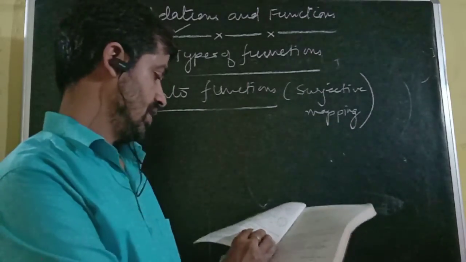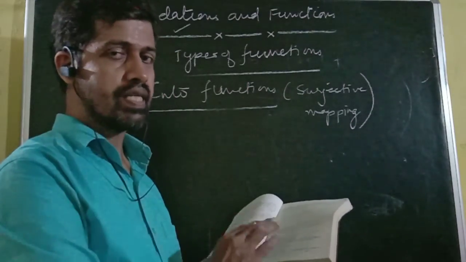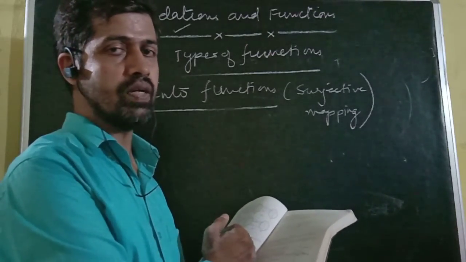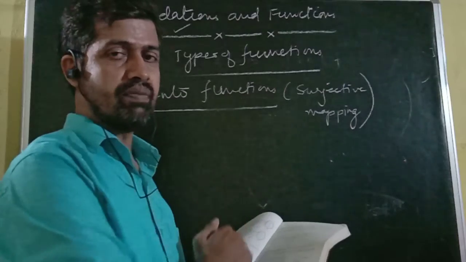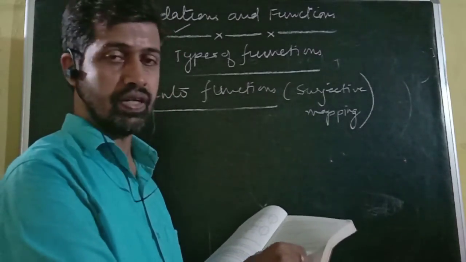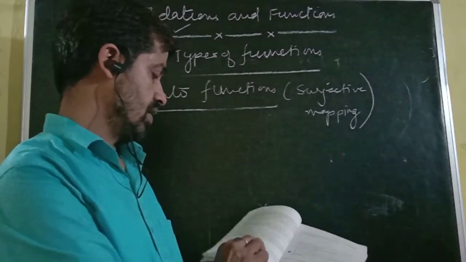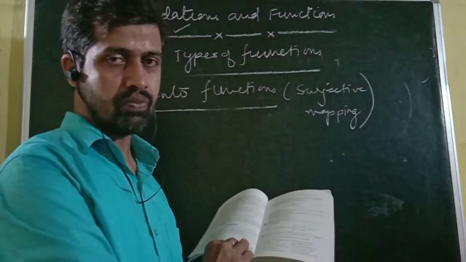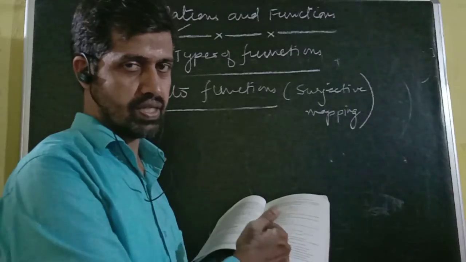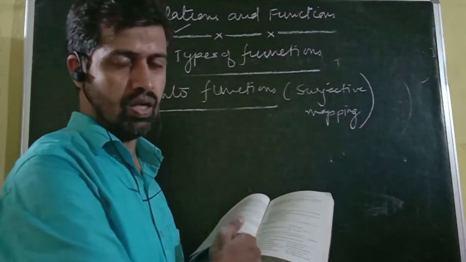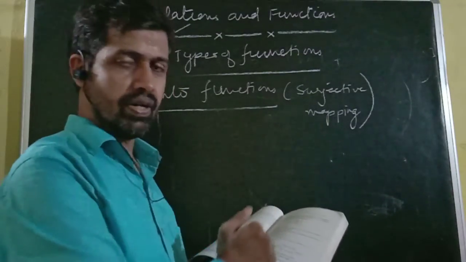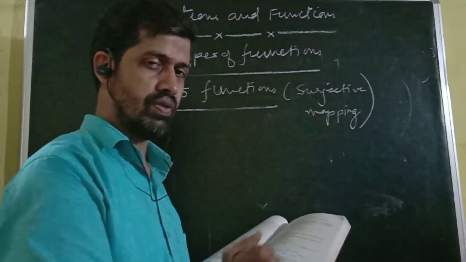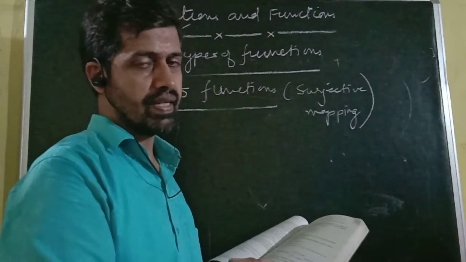Just try to attempt the examples and find out the types of functions which we have studied here, and also try to solve exercise 1.2, where you have to find out what kind of functions there are. All are real functions. You have to find out whether it is one-one, onto, or both one-one and onto. We will meet in the next class.